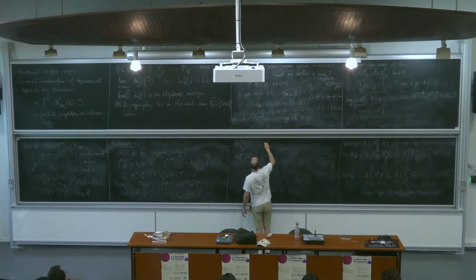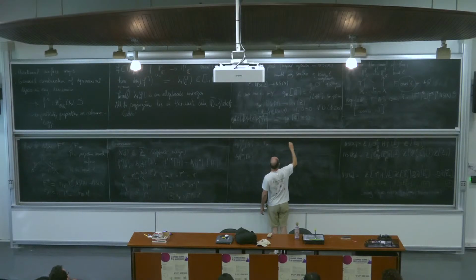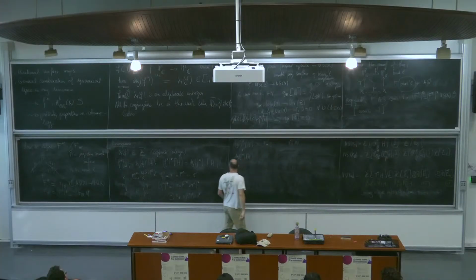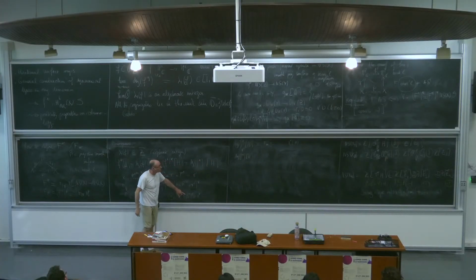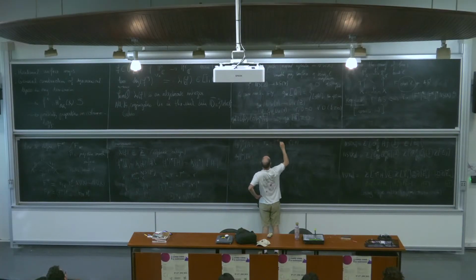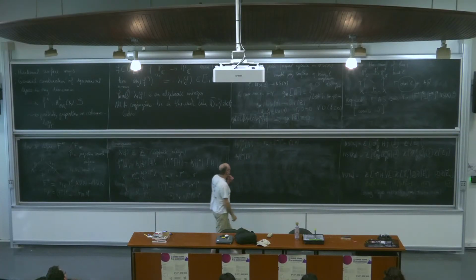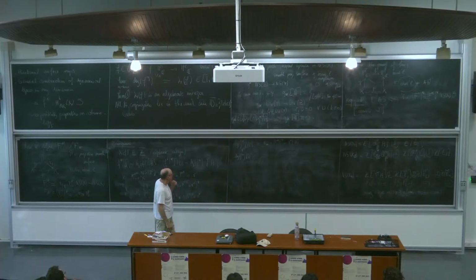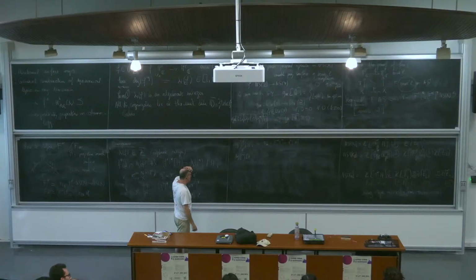This is pi lower star of the pullback of this class. And here I'm going to use the fact that F is algebraically stable. So this is F star to the n composed with this. Okay? So you have a nice equality here in terms of classes.